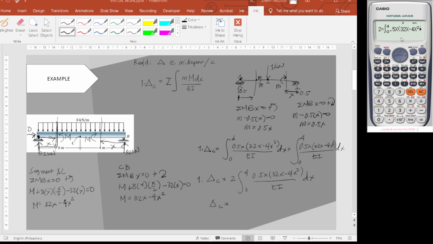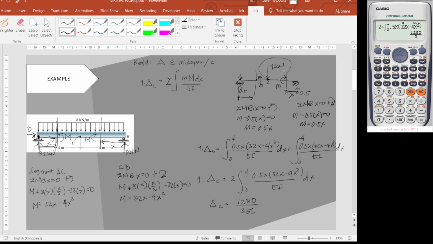Okay, I think we are done. Let's press equal. Our answer will be 1280 over 3 EI. The answer is positive, meaning the direction of delta C is the same as this unit load.